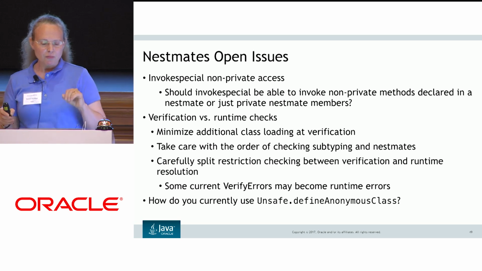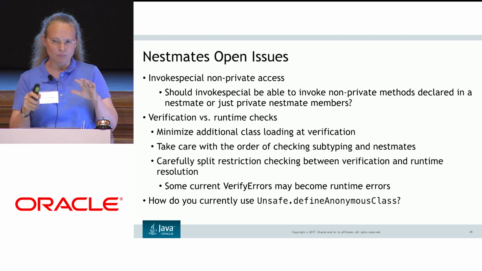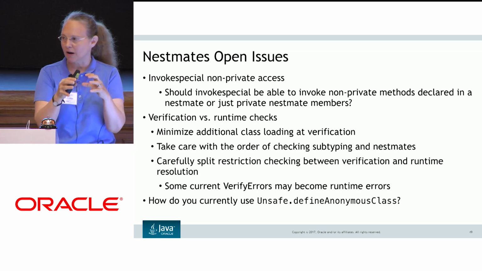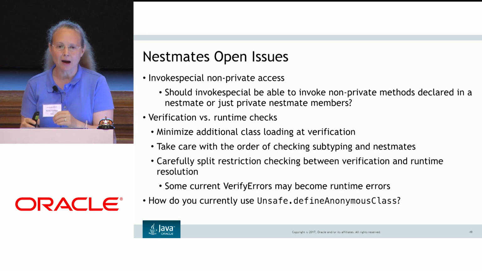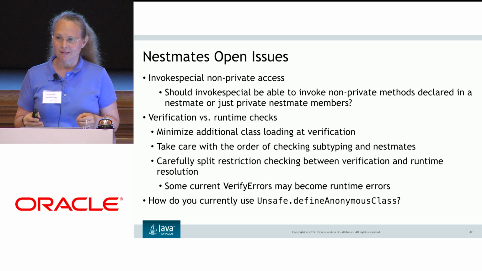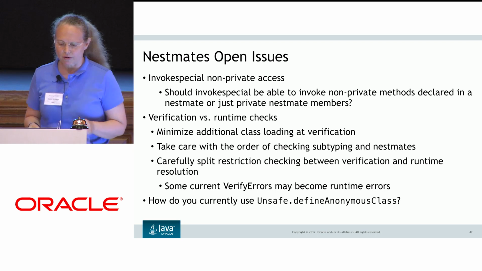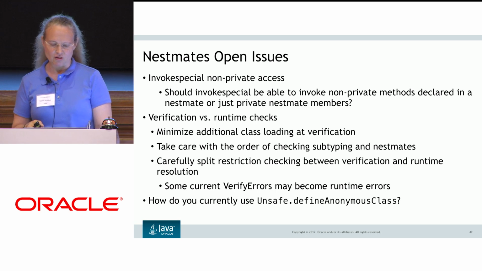And we are also being very careful with the order of checking subtype and nestmate, because we have to check whether you're in the super box or in the nestmate box without doing the class loading to find out if you're a nestmate. It's called magic. No, actually we're being really, really, really careful to dot all the i's and cross the t's.